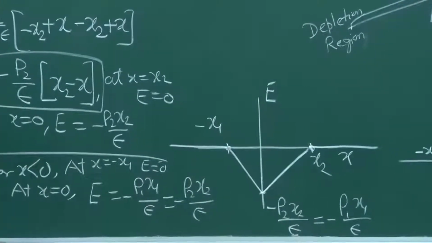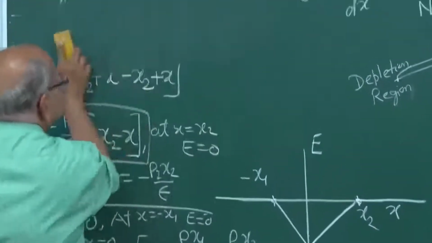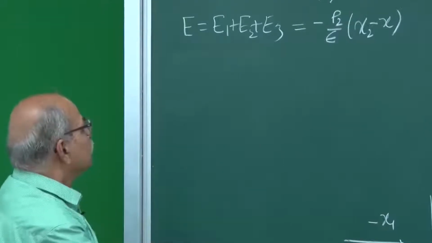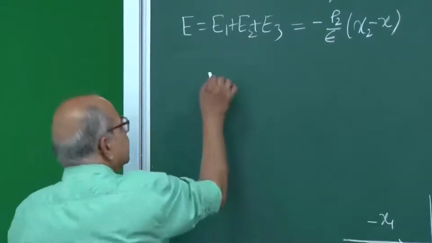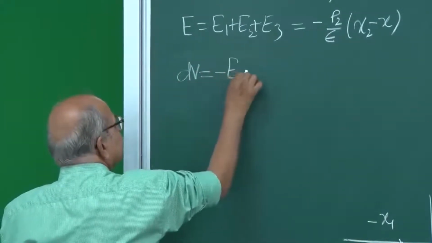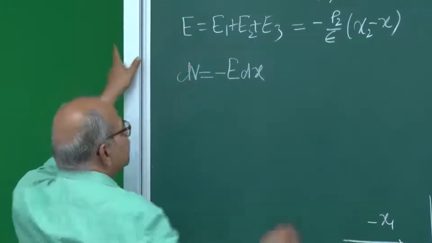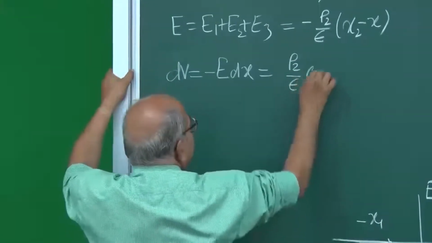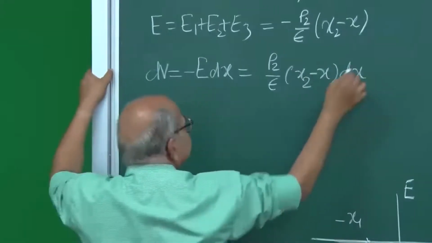Okay, so now let me erase the other parts. You know the basic definition of a potential difference: dV is equal to minus E dx for the one dimensional case, and so here it will be rho 2 over epsilon times (x2 minus x) dx.